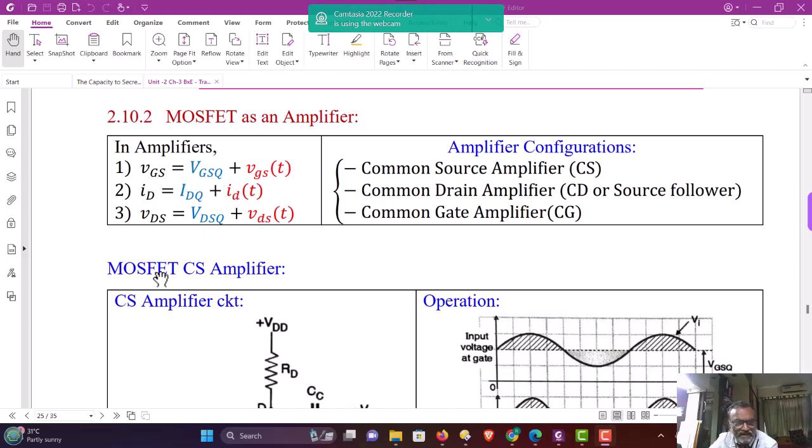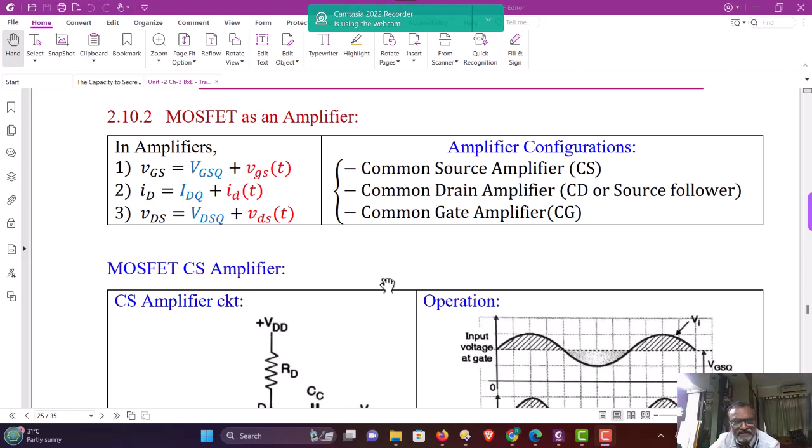Similarly, the voltage VDS consists of VDSQ plus vds, a function of time. The red color variables are the time dependent variables, and the blue color variables shown in equations 1 to 3 are the DC variables.